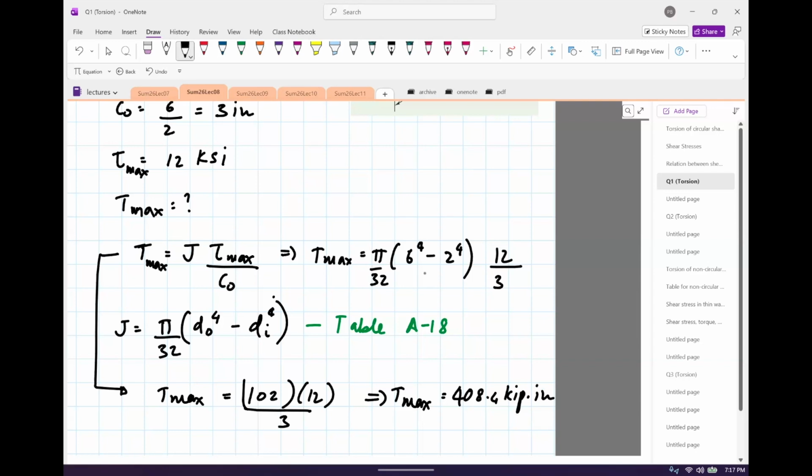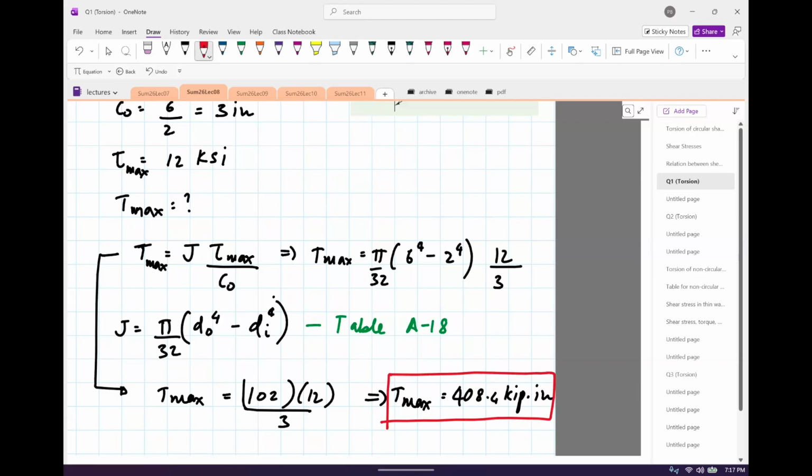The kip is because KSI was used for tau max, so the K comes from there, and the inch comes because we have used inches in this formula, not feet. So that's the answer. Just straightforward use of the formula.